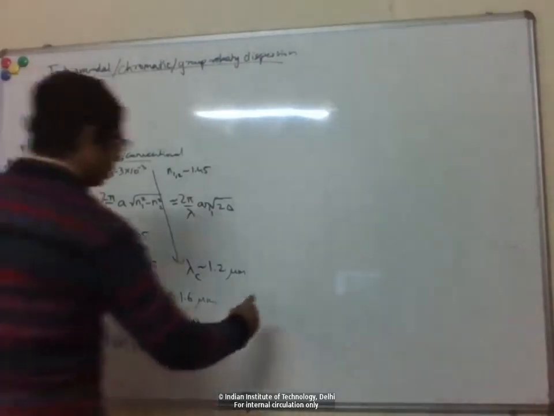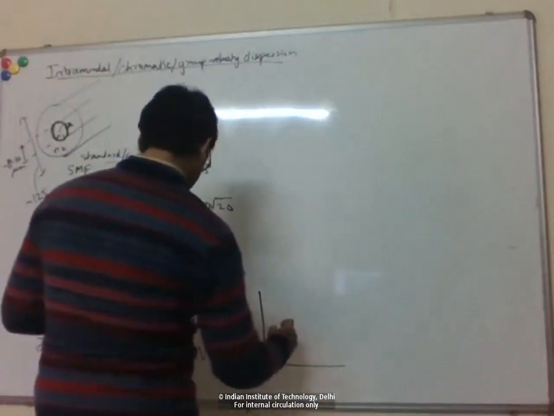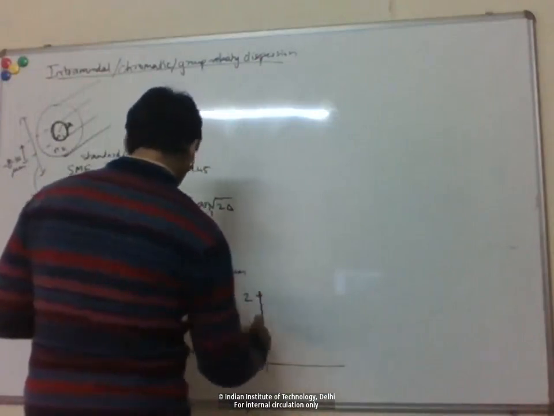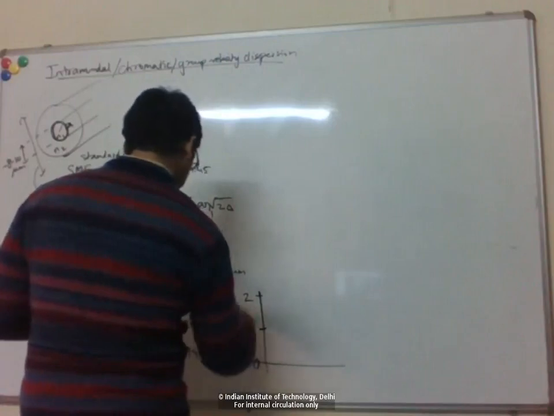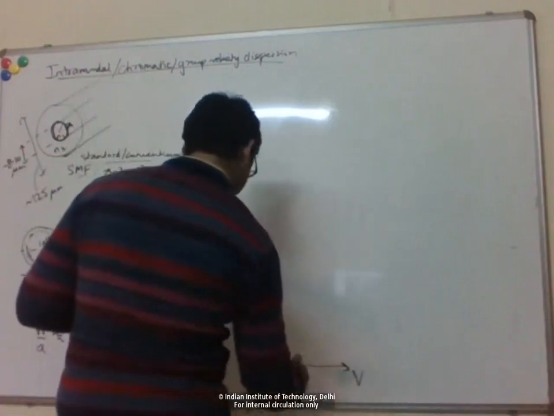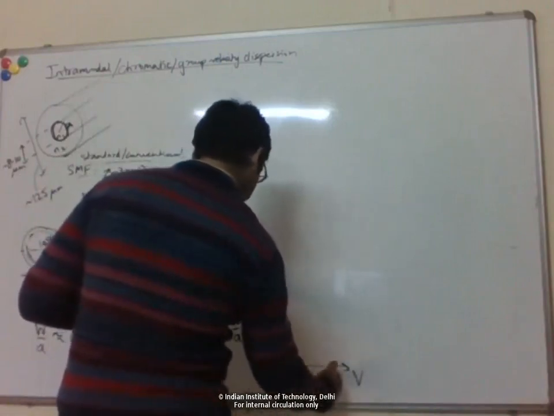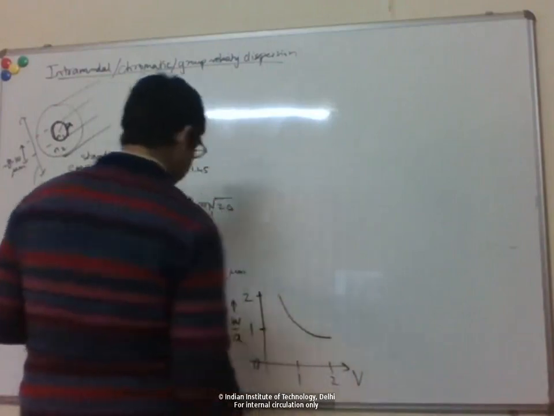So the spot size, of course, decreases with increasing V number. Right, so it goes like that.